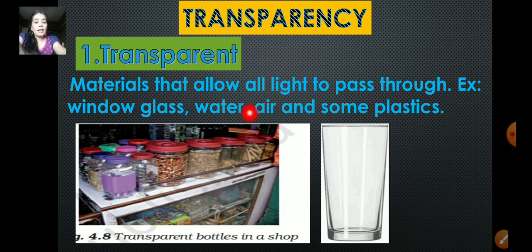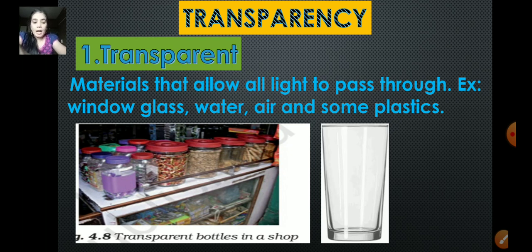Because the buyers can easily see through these items. We can see what is in this container, what is in that container, how it is looking, how fresh it is, which one you like. So it is easy to see through these glass or plastic containers. So it is very transparent.